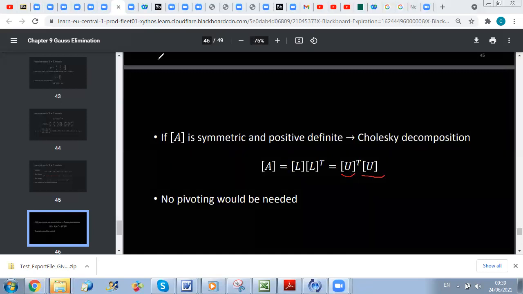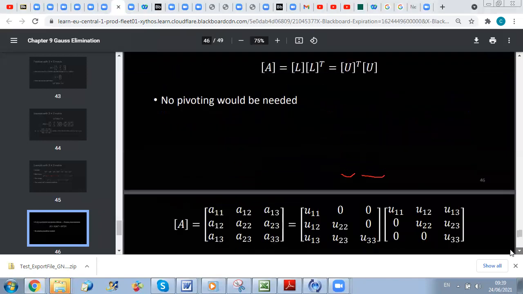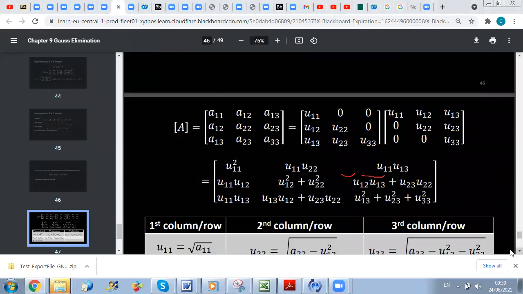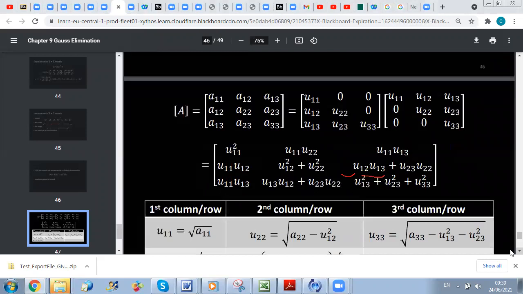So let us check how to do this. Once we verified that a matrix is symmetric positive definite, we can then find a matrix such that A can be written as U transpose times U.